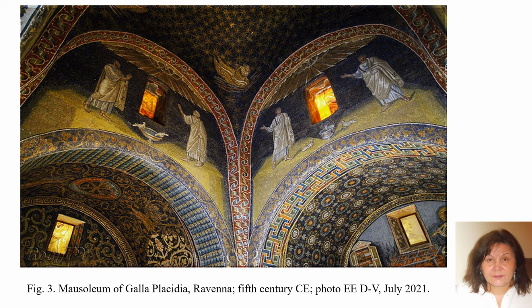and I'm glad to say that this summer I managed to go to Ravenna, which has mosaics from the 5th, 6th centuries, and I brought some new photographs to Oxford.